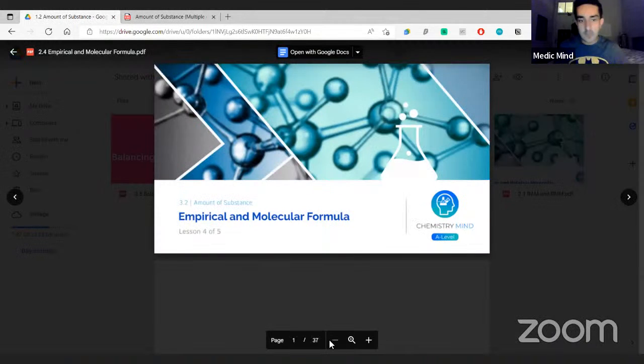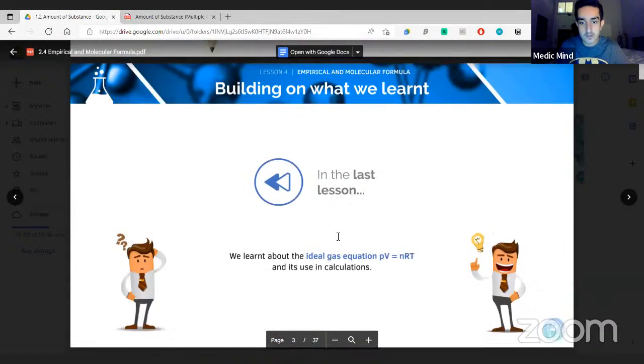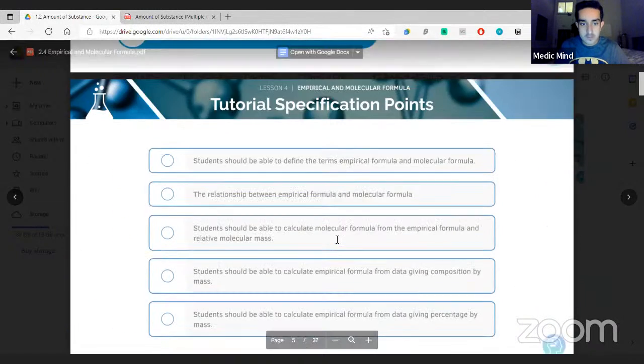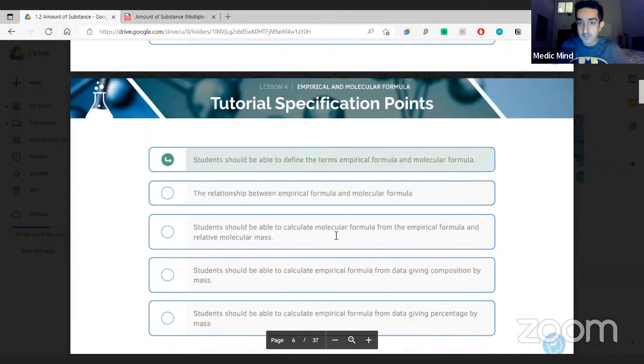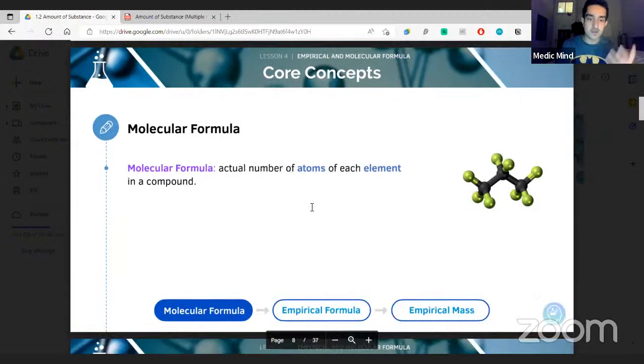Right. Time to carry on. Empirical and molecular formulae. So you need to be able to define these terms, empirical and molecular formula. So let's start with molecular. Molecular formula is the actual number of atoms of each element present in a compound.